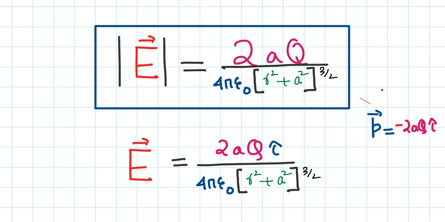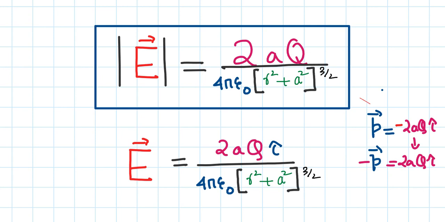To compensate for that, I can replace 2AQ i cap with minus P, because I'm just bringing the minus to the other side, which means a dipole moment pointed in the opposite direction.